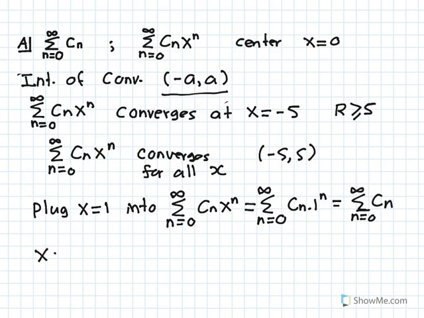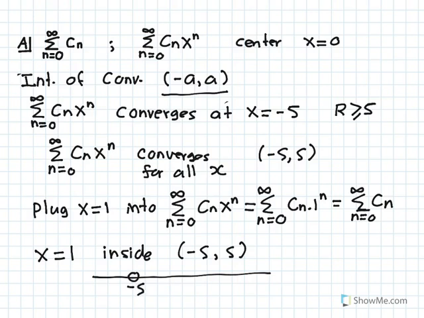Now, x equals 1 is inside the interval of convergence from -5 to 5. If we draw a diagram, here's the interval of convergence from -5 to 5. I'll put a solid circle here because we know the power series converges at the left endpoint x equals -5. Sorry, x equals 1 is here, and it's inside the interval of convergence because the power series converges in this interval from -5 to 5.